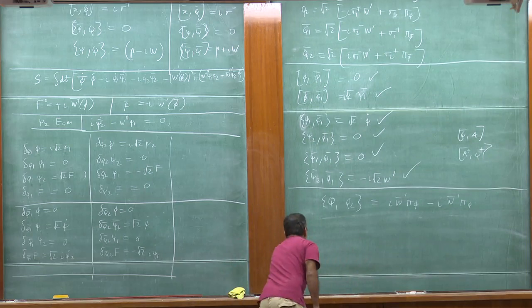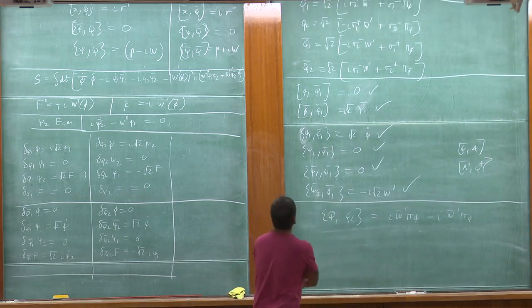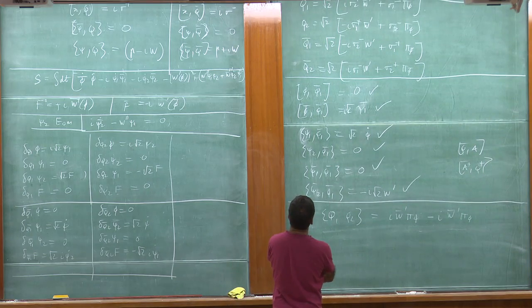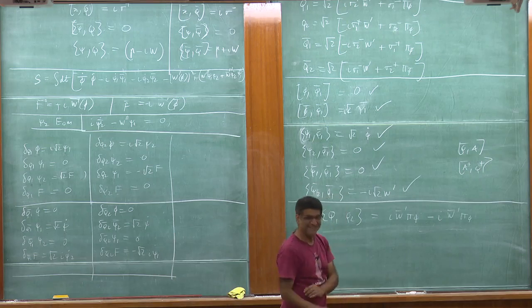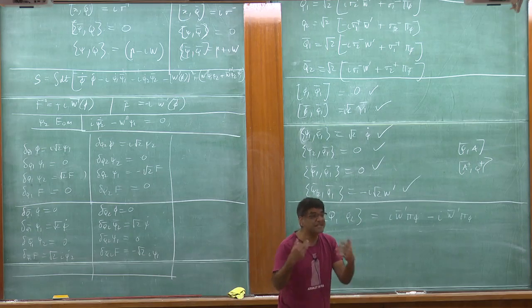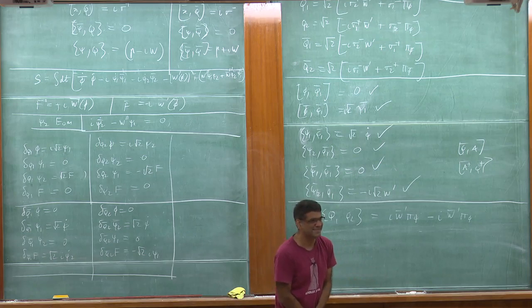Let's break that down. Q1 with Q2 bar, again, you might worry because there's a pi phi bar and a W bar. But sigma 2 plus squares to 0, so those two anti-commute with each other.